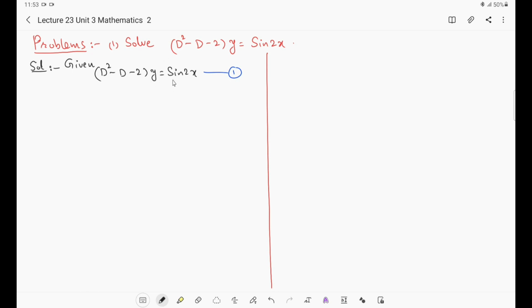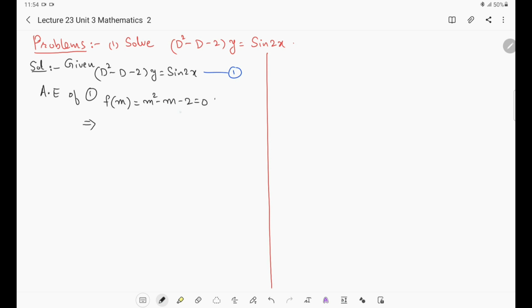So this is the given differential equation. As I told you, if the equation is non-homogeneous, then we have to find two things here: one is the complementary function, another one is the particular integral. For finding the complementary function first, we have to write the auxiliary equation. So the auxiliary equation f of m equals m square minus m minus 2 equals 0.